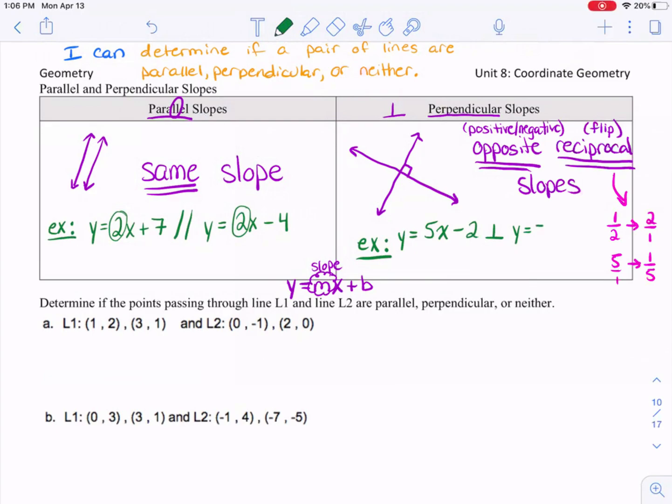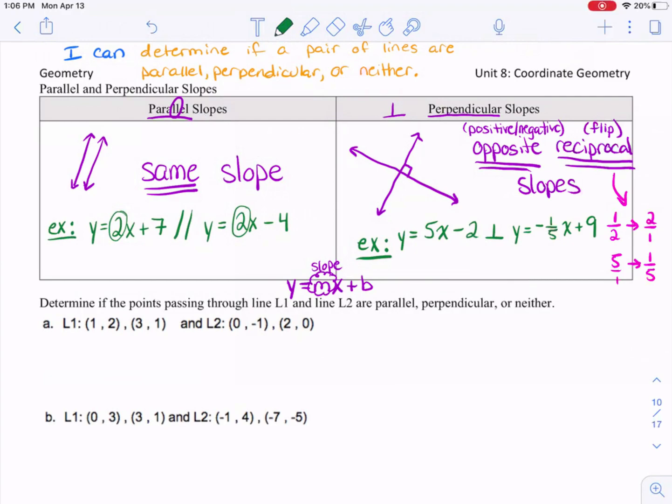And we're going to flip the 5. The 5 is really over a 1, so it will become 1 over 5. That is the opposite reciprocal. y equals negative 1/5 x plus 9. All the other numbers don't matter. All we're focusing on is the slope.